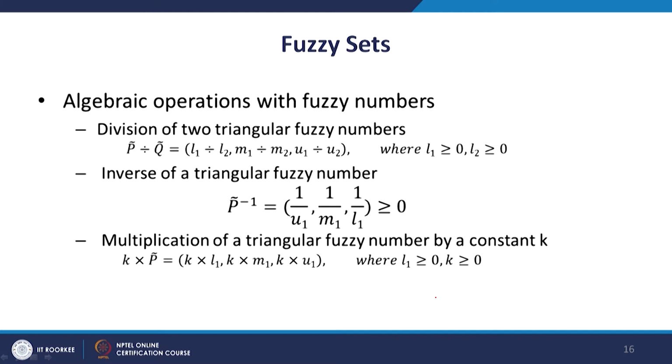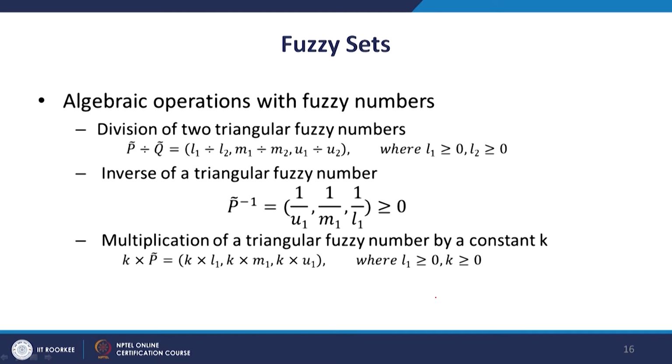So, the parameters will be like this, because for p tilde inverse, 1 divided by U1 is supposed to be the smallest possible value. So, from that point of view also you can understand why this. This has to be greater than or equal to 0.